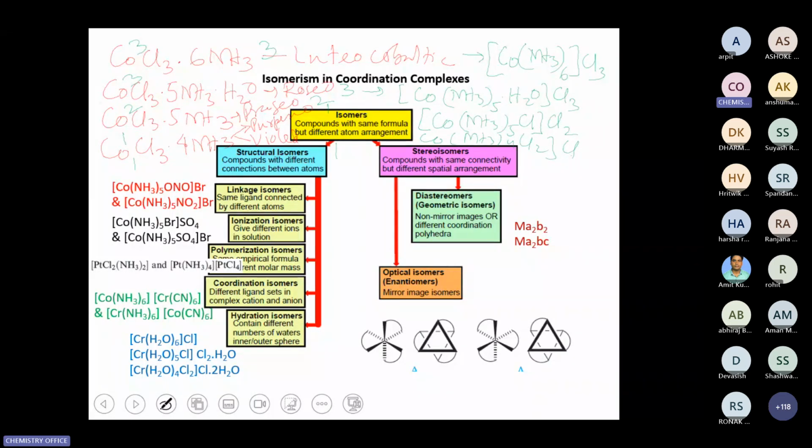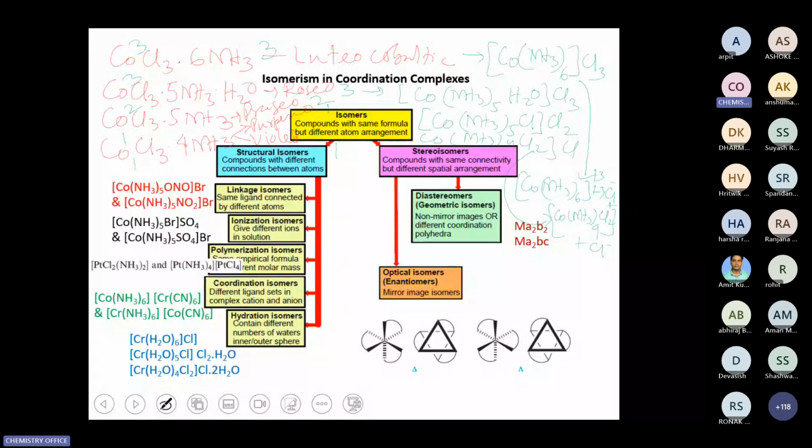Now if you take these molecules in solution, they will dissociate. The first one will dissociate into [Co(NH3)6]3+ plus 3 Cl minus. The last one will dissociate as [Co(NH3)4Cl2]+ plus 1 Cl minus. So what will be the total number of ions formed from the first molecule?